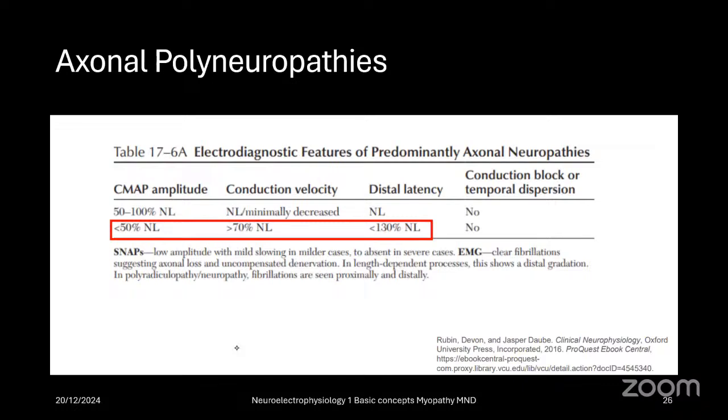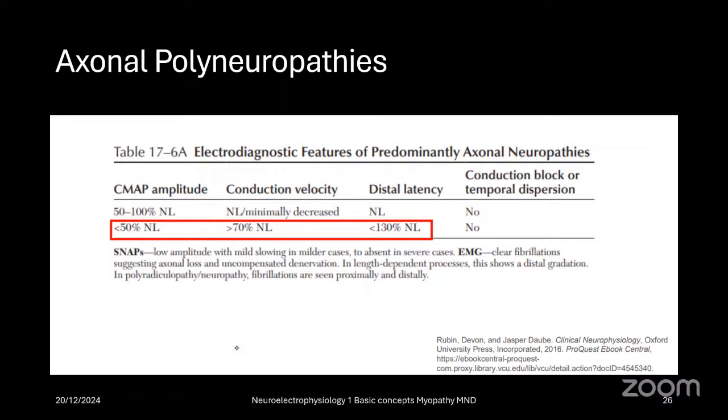When do you call the electrodiagnostic features predominantly axonal neuropathies? There is a reference given here. If the CMAP is less than 50% of normal, then it becomes abnormal. Normative data you have to create for your own lab. Look at the normal value, and if it is less than 50%, that becomes axonal.